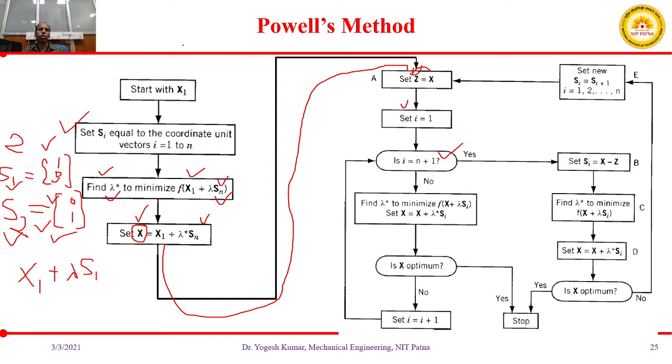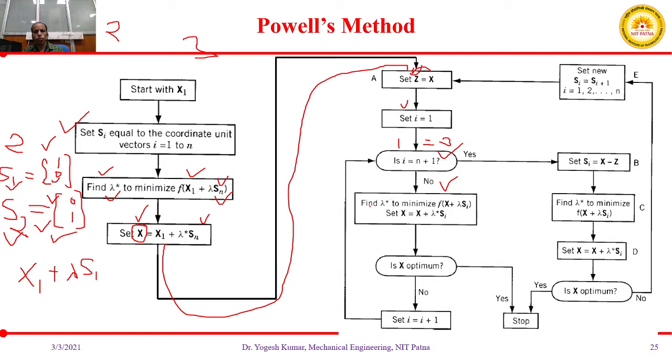Suppose you have a two dimension variable, x1 and x2. For the first case, i will be equal to 1, and you will check whether it is equal to 2 plus 1, which means 3. Obviously 1 will be less than 3, so if it is not, then you will move in this direction. This flow diagram you will follow.